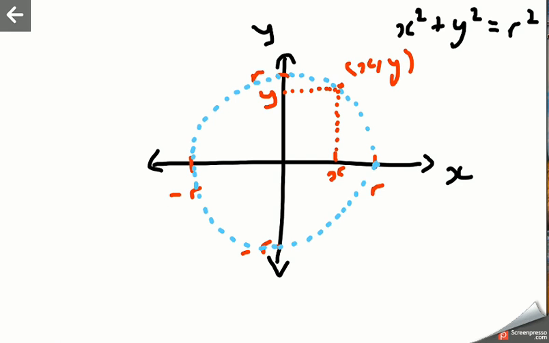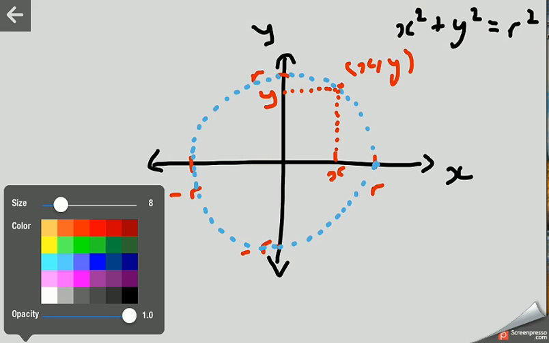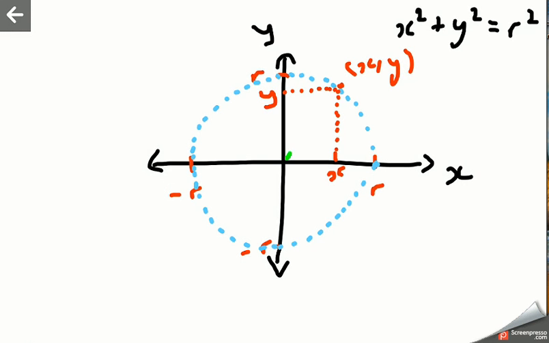And somebody observed that plotting this circle, if we make it into a right angle triangle, like this, then this length here is always r, because that's the radius of the circle.